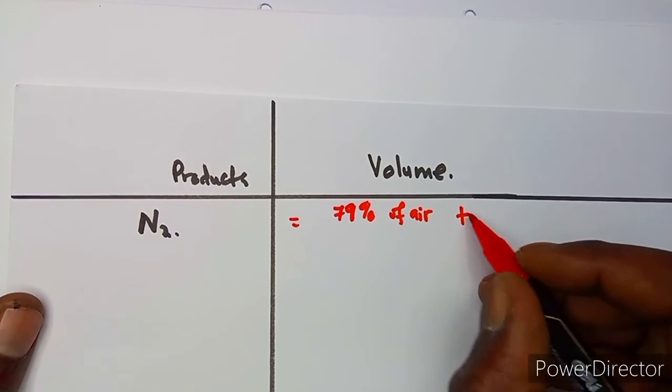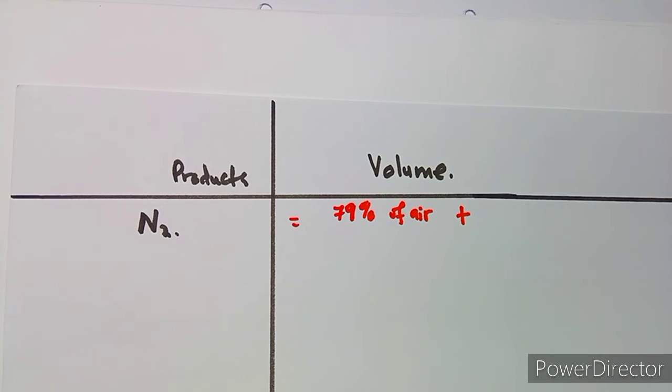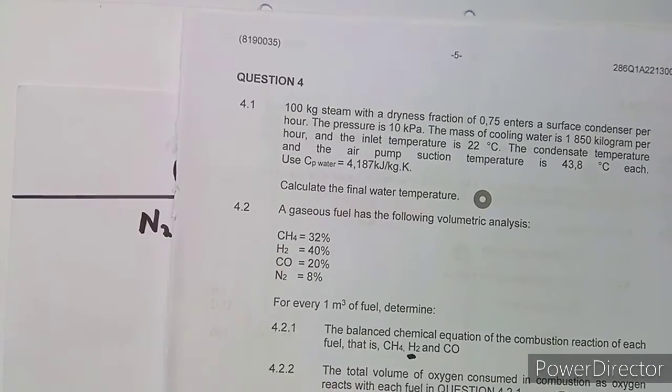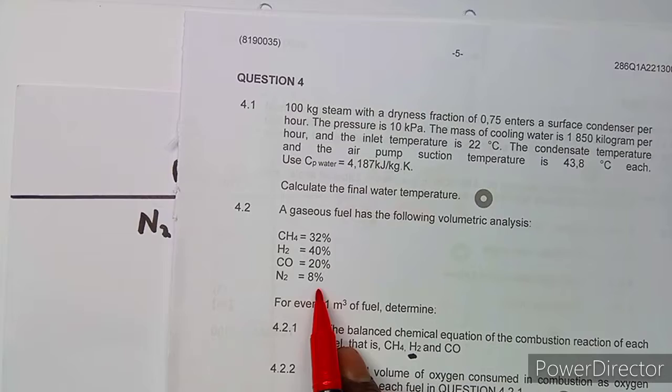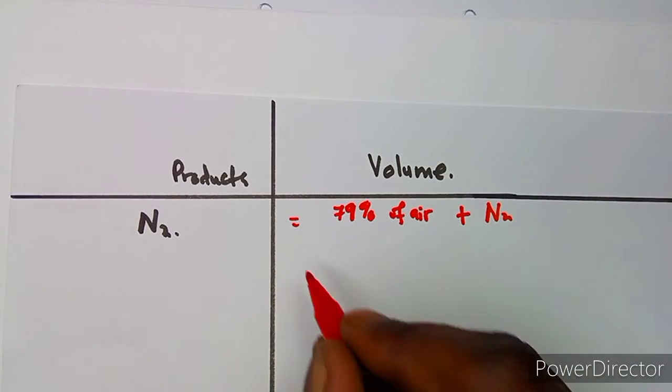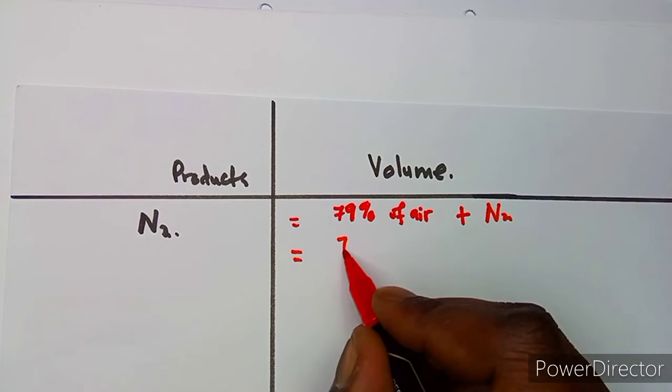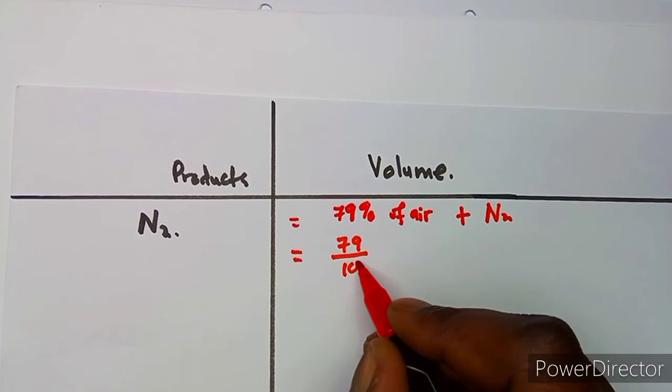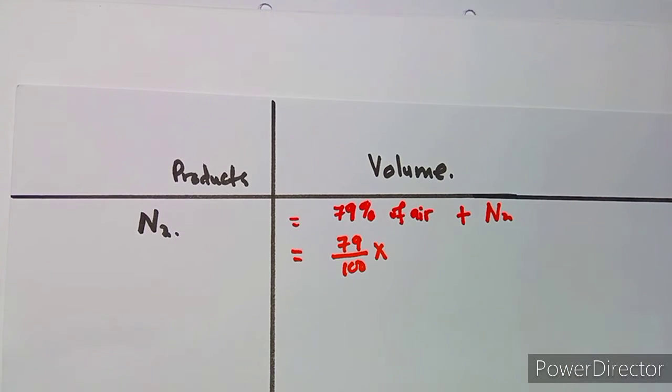Plus, not only that, we also have the nitrogen percentage here, so we are going to add that. So that's 79% of air, which means 79 over 100 times the volume of air.